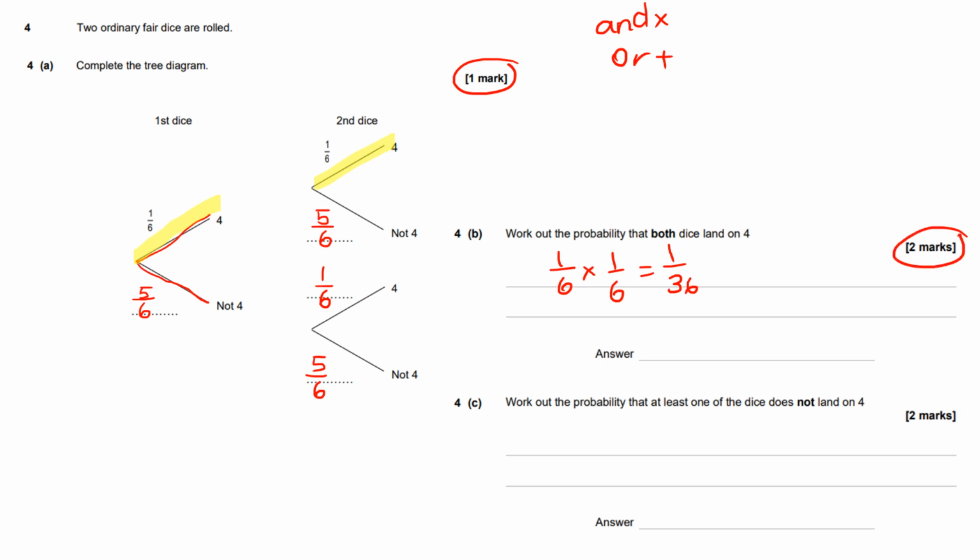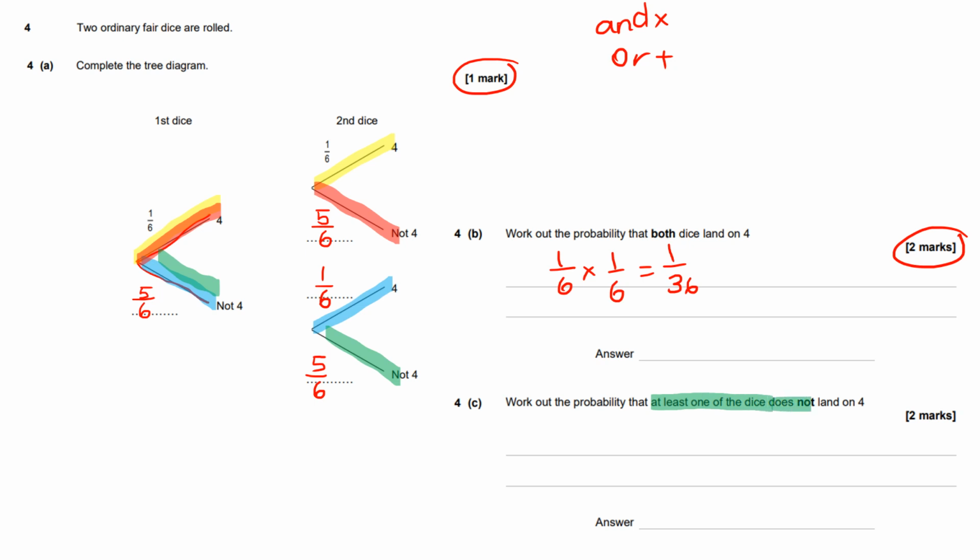4c, work out the probability that at least one of the dice does not land on 4. At least one of the dice does not land on 4 would mean that you could have not 4, 4, 4, not 4, not 4, not 4, because of at least one of the dice does not land on 4.